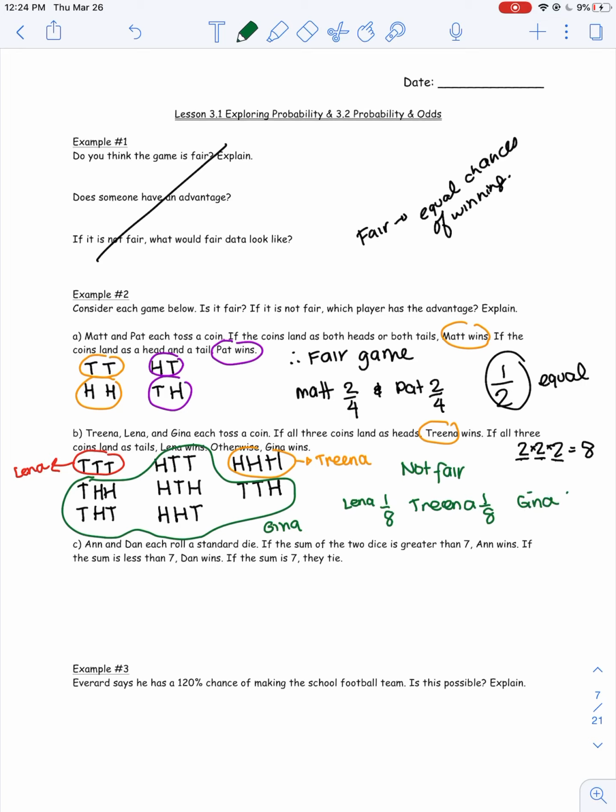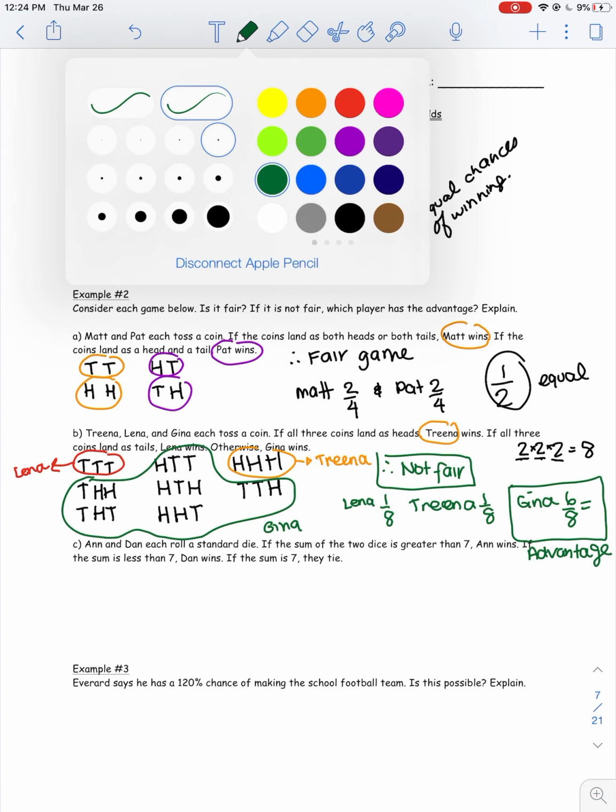But because Gina has all the leftover outcomes, that's 6 out of 8 options. We could simplify this, but this is the best way to compare them. Gina has more chances of winning than any other person, so she has the advantage. Therefore, this game is not fair.